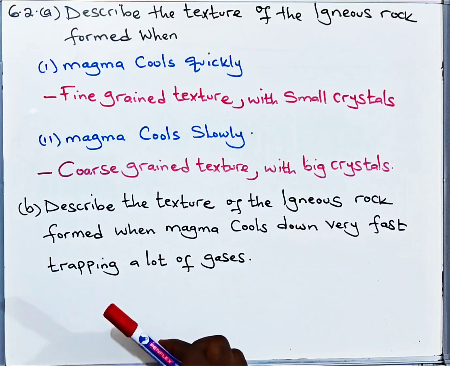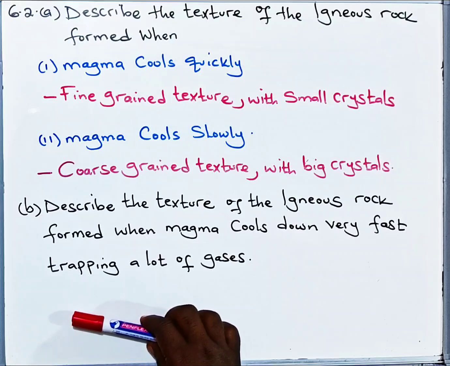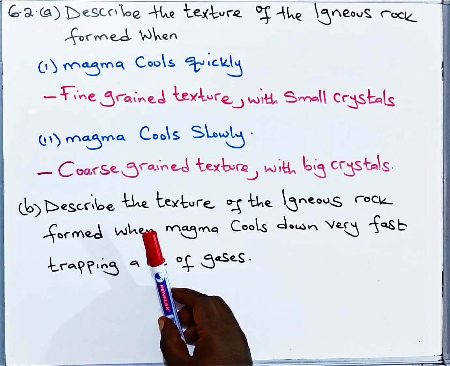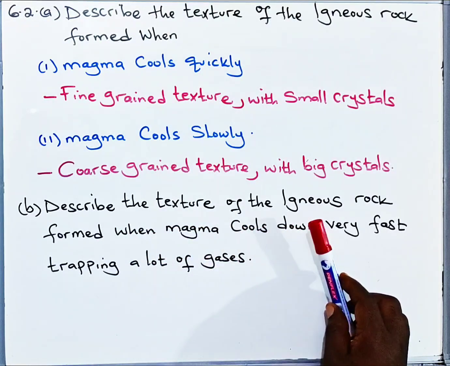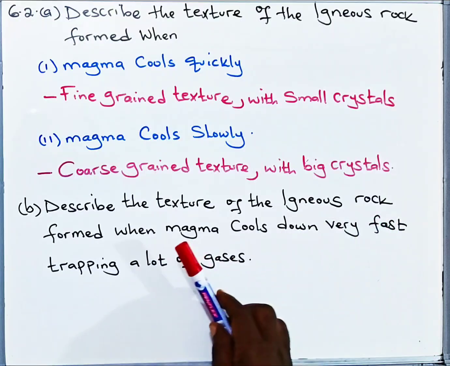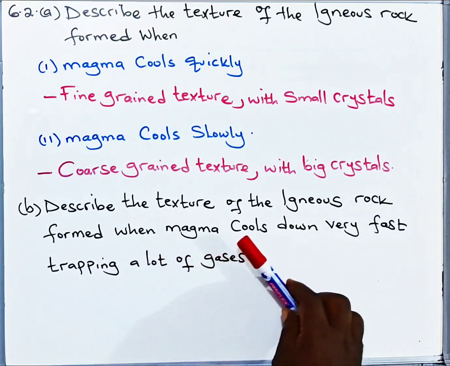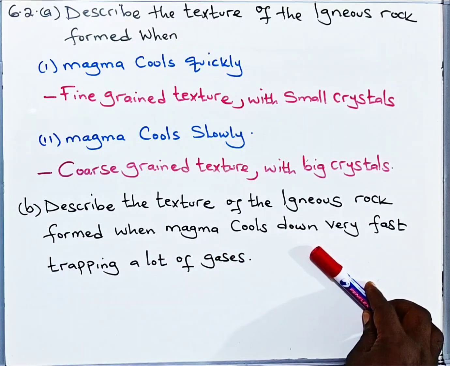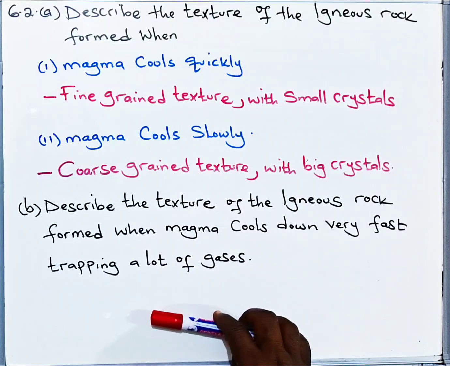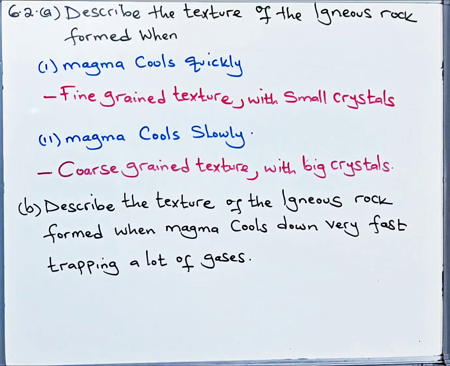Then we come to this question. It says, describe the texture of the igneous rock formed when magma cools down very fast, trapping a lot of gases. What kind of texture is formed when magma cools down so fast and it traps a lot of gases?